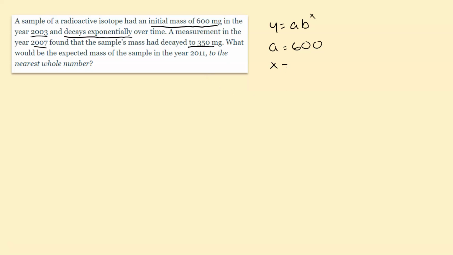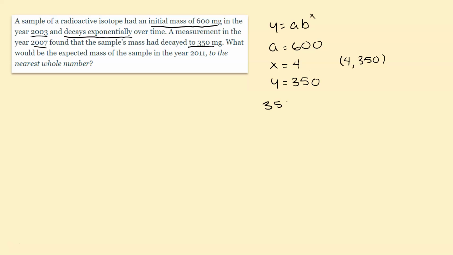So that means x has to be 4 years, and y has to be 350. The thing we don't know is the b value. So they basically give us, in a sneaky way, this coordinate for 350.